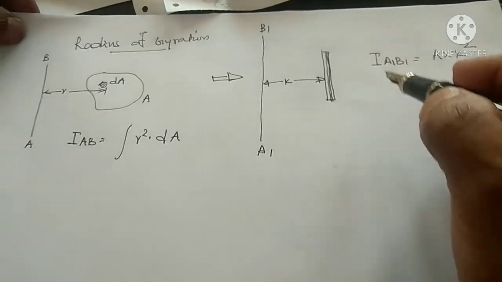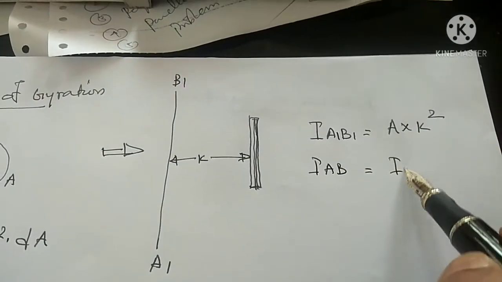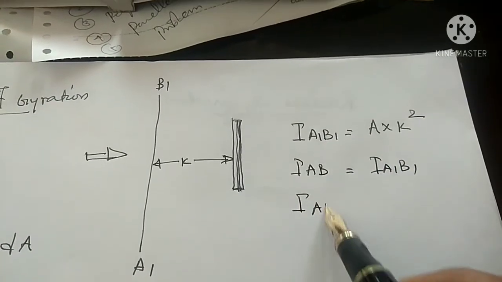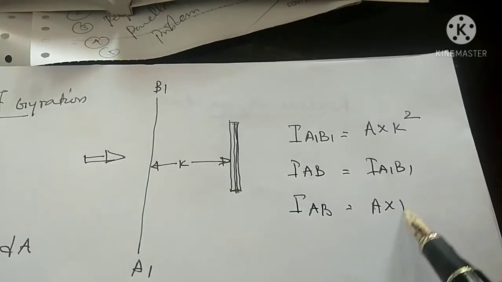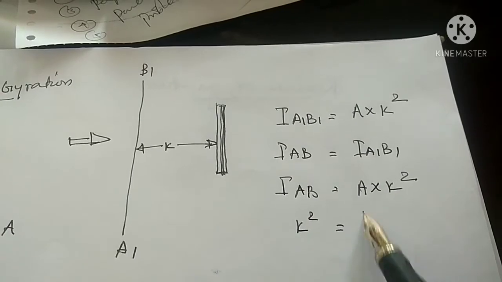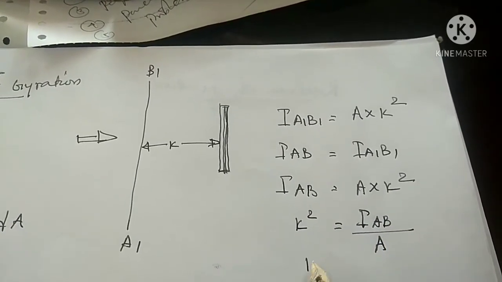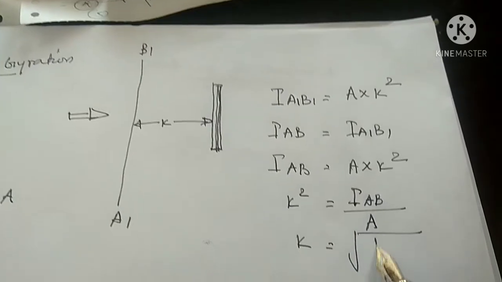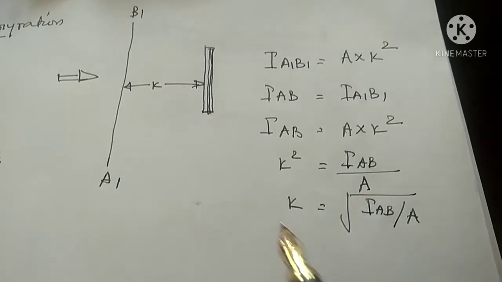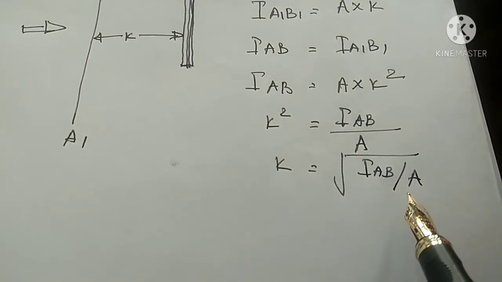If this IAB is equal to IA1B1, we can say that IAB is equal to A into K square. Then K square is equal to IAB divided by A. Then K is equal to root of IAB divided by A, and this K is known as radius of gyration.